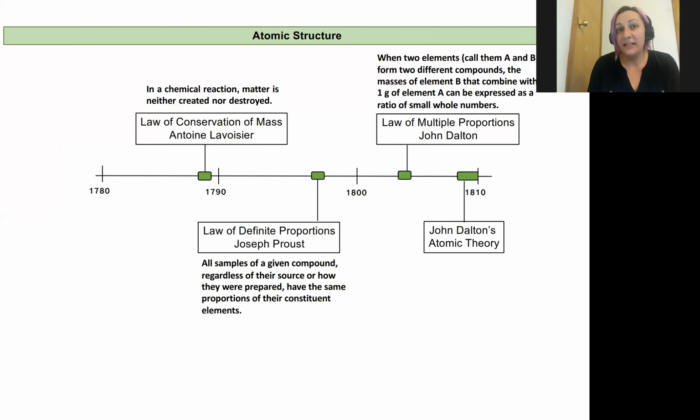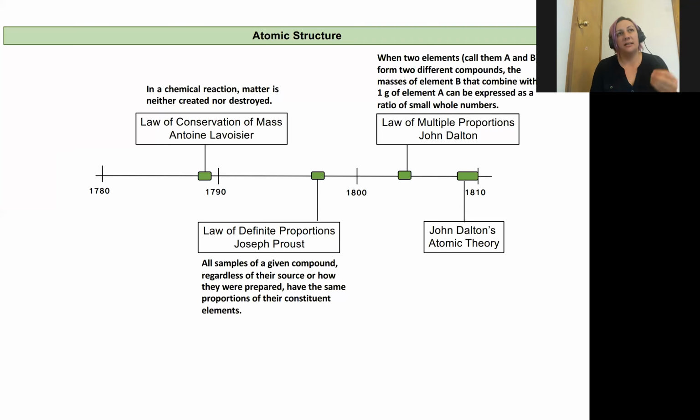Then after 1800, John Dalton proposed the law of multiple proportions, which basically states that when two elements form different compounds, the masses of element A and B will always combine in the same ratio of whole numbers.